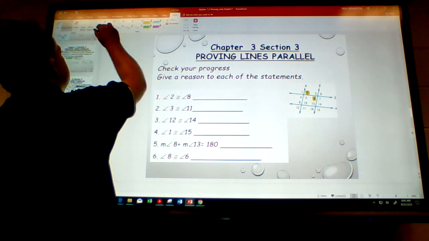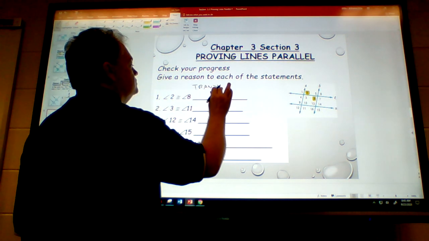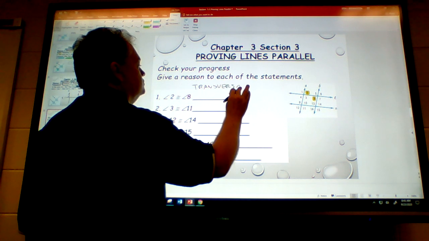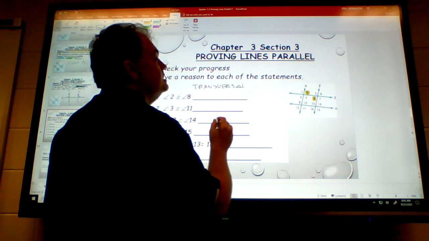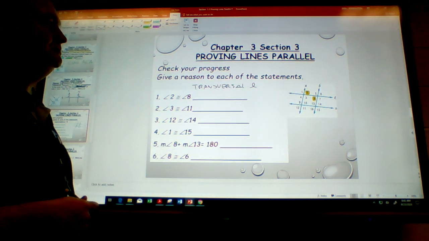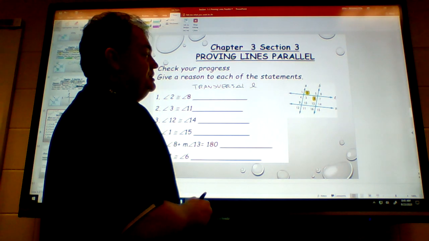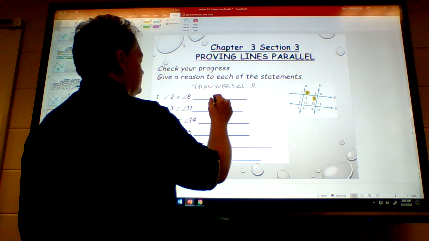Okay, so here's what you've got to look at. For this one, the transversal is line L. 2 and 8 are alternate interior angles, so we know that.